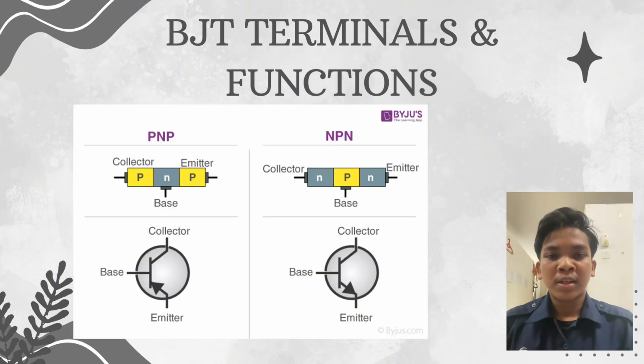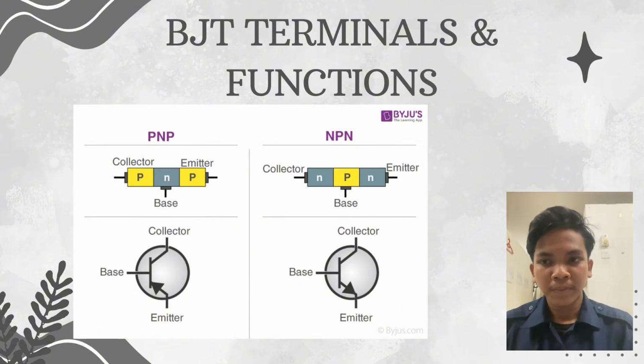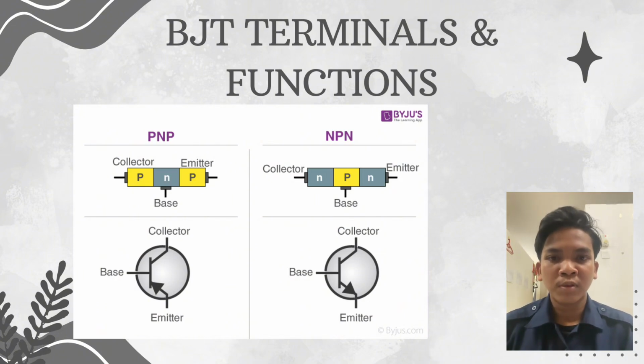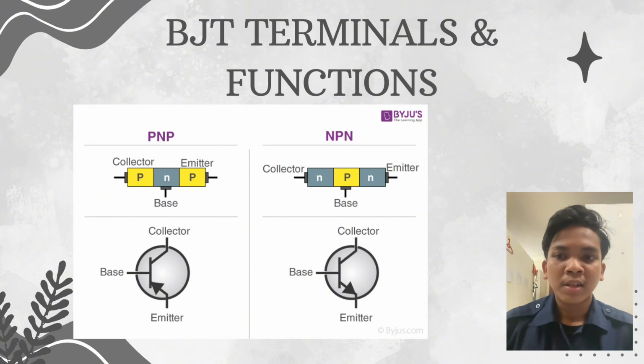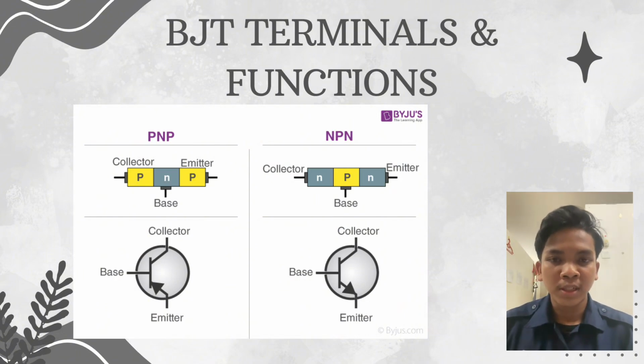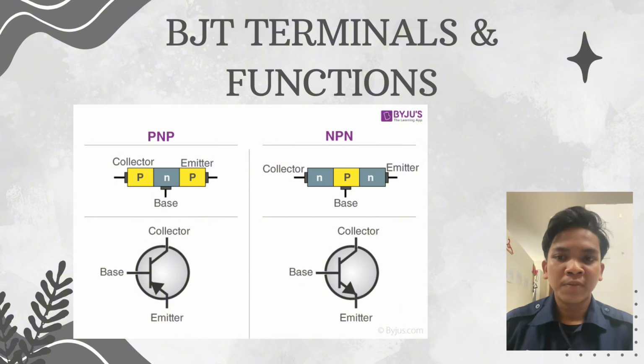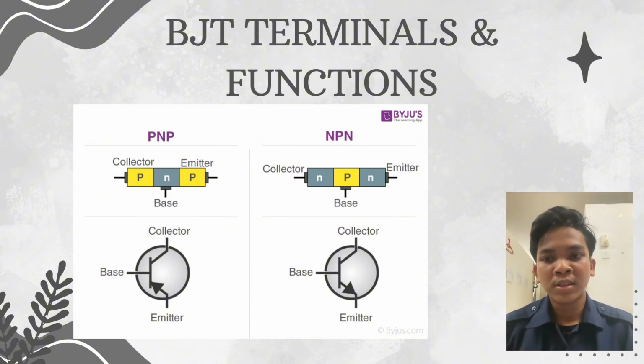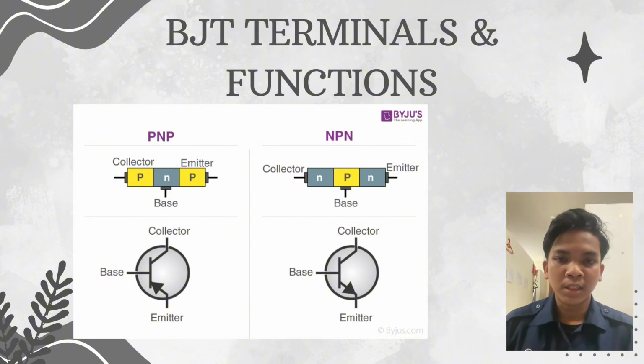In an NPN transistor, current flows from collector to emitter, and a small current into the base allows a larger current to flow from collector to emitter. In a PNP transistor, current flows from emitter to collector. A small current leaving the base allows a larger current to flow from emitter to collector.